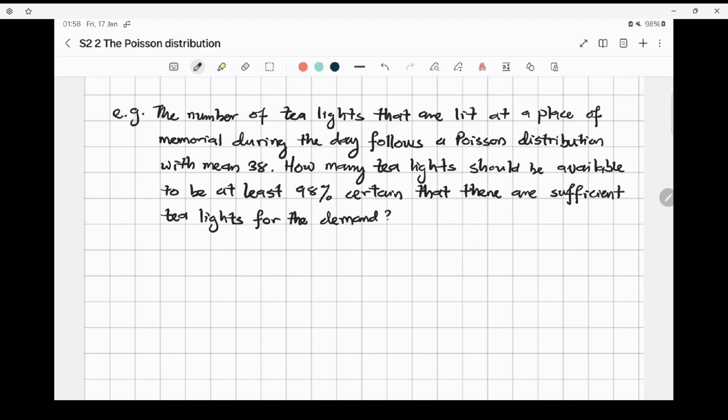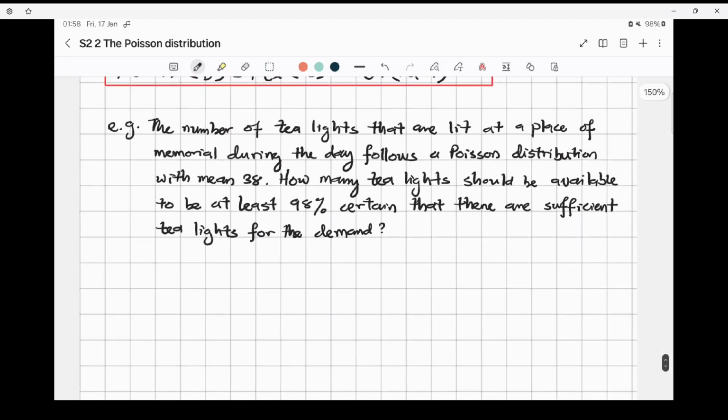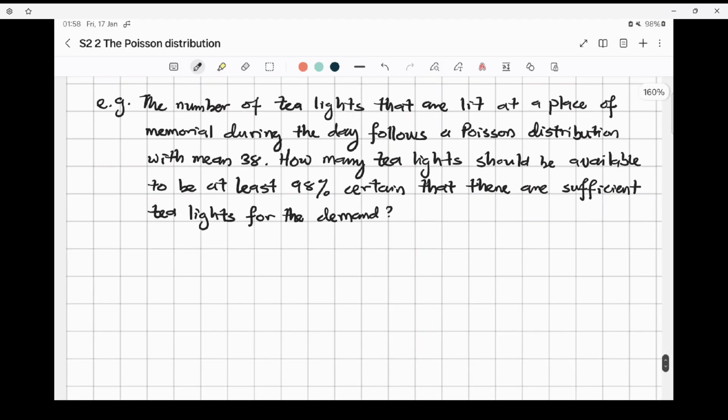So if you are given a question like this, the first thing that you need to do is to formulate correctly what the question actually gives you. So first thing, let's say X is the number of tea lights that are lit.